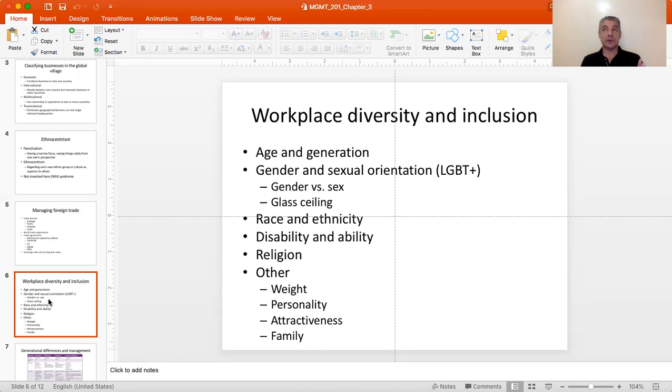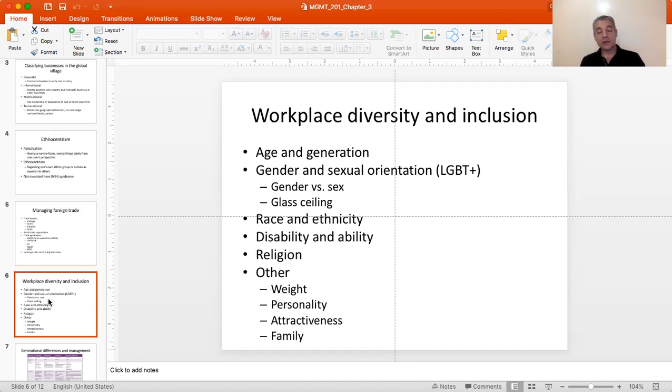And the problem, I guess, that most businesses face is people tend to like people who look like them. People inherently do not appreciate diversity much.